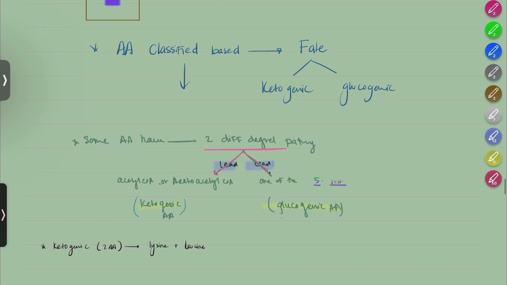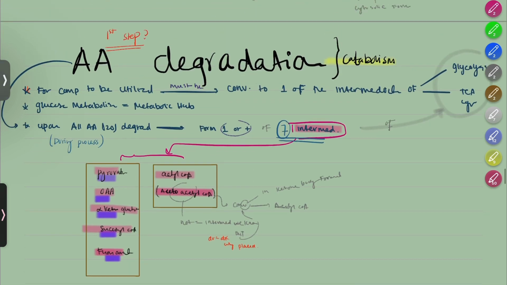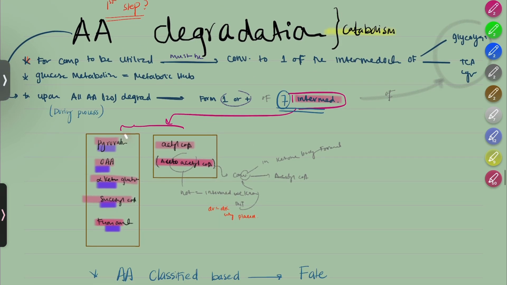However, do not think that because we have two ketogenic, the rest of the, let's say 18 amino acids that we have are glucogenic. No, because we also have other amino acids that can be both ketogenic and glucogenic, which we will discuss. But for now, we have the ketogenic and the glucogenic. We classify certain amino acids as glucogenic if they end up in the first five intermediates, whether pyruvate, oxaloacetate, succinyl-CoA, alpha-ketoglutarate, or fumarate.